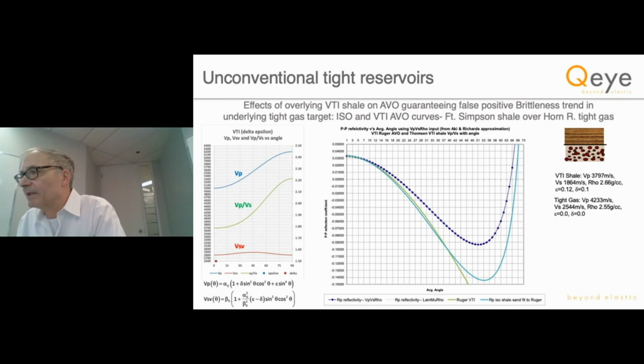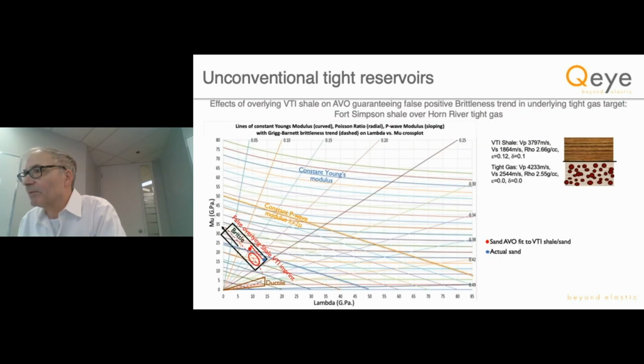If you then run a fit to that VTI curve from the shale, but with an isotropic fit, so there's no accounting for the VTI, and you plot the parameters from that fit onto an LMR, or lambda-mu, cross plot, you can see it has created this brittleness shift. In the unconventional world, this is a decrease in Poisson's ratio and an increase in Young's modulus.